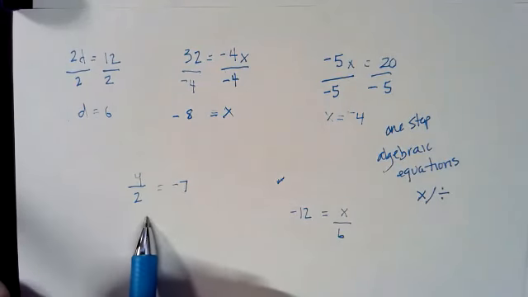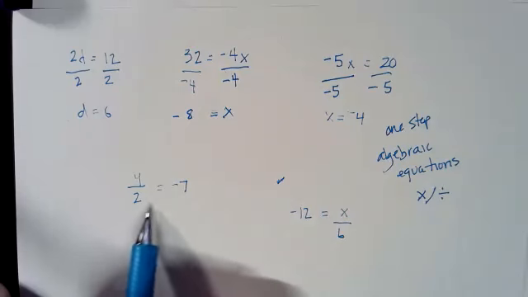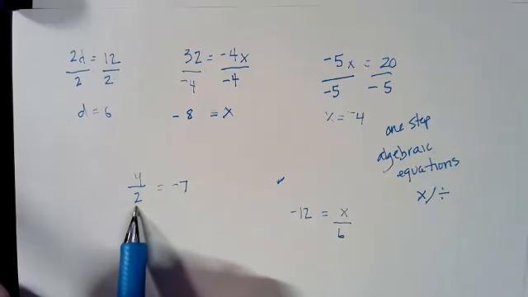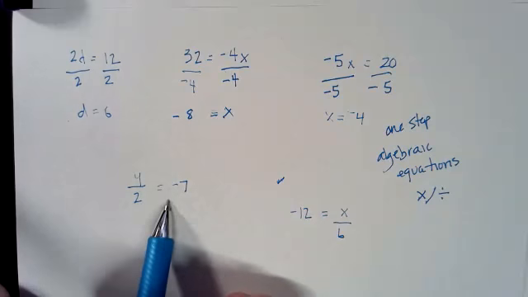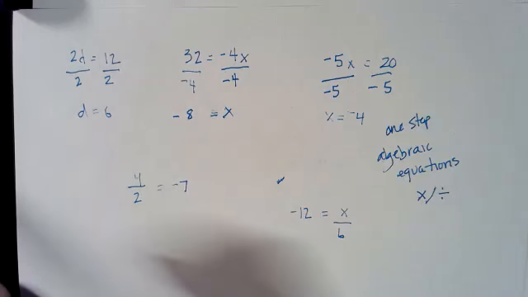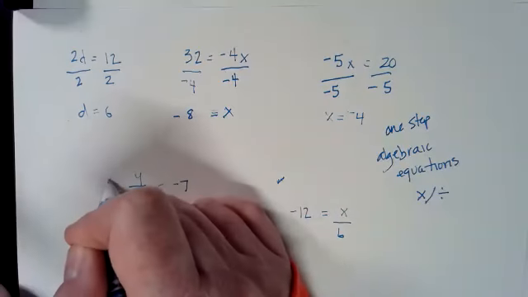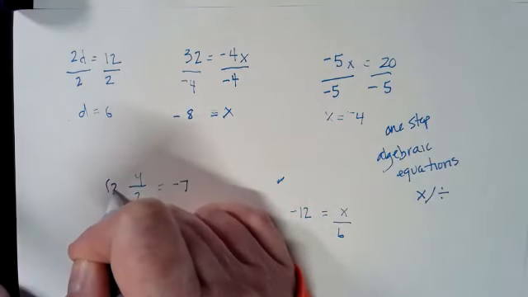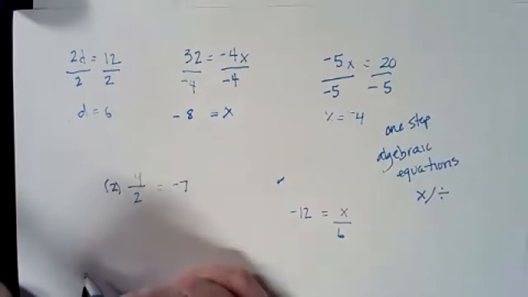Now these on the bottom are division problems. And the opposite of dividing is multiplying. So what are we going to multiply? We need a variable on one side and a number on the other. So the 2 is in the way. That's what we're going to multiply by. Multiply by 2 on this side.